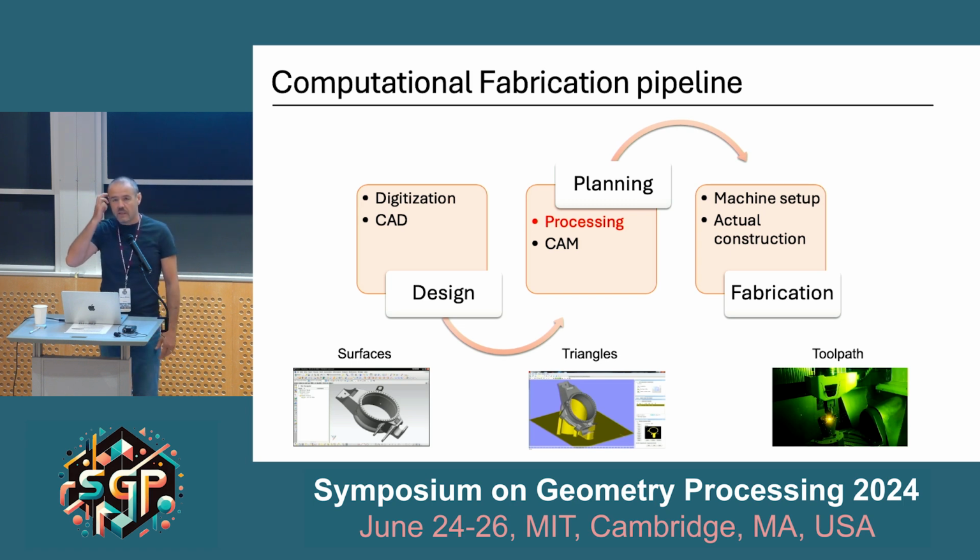And this serves to create a successful process that transforms your model to instructions for the printer or for the other manufacturing device you are going to use. And this is the last step. So once you have this object prepared and well-oriented in the building chamber, you need to convert some slices into movements of the building tool to actually fabricate the object. So these are the 3 main steps.